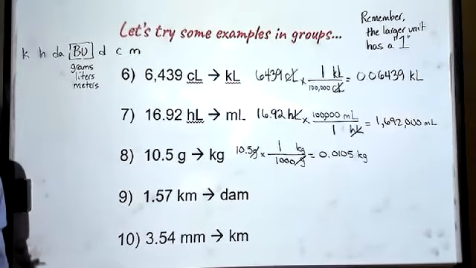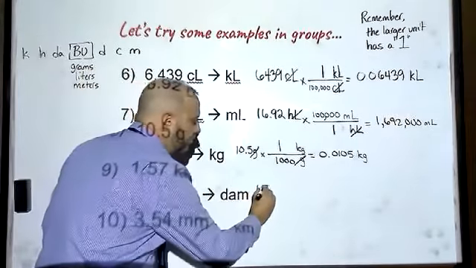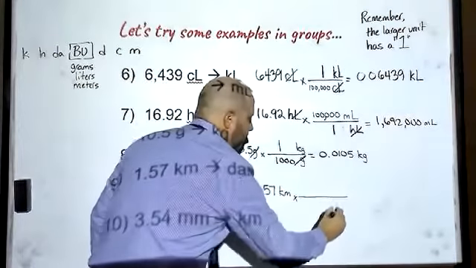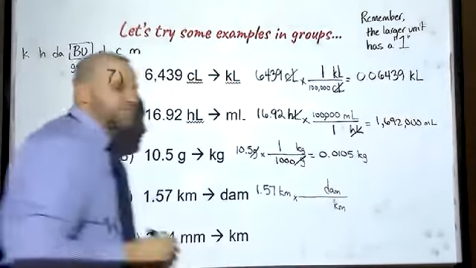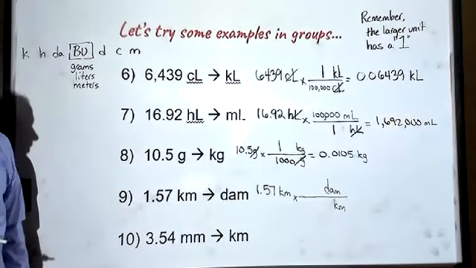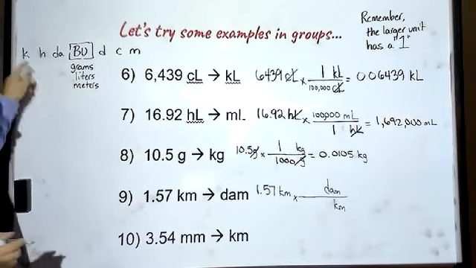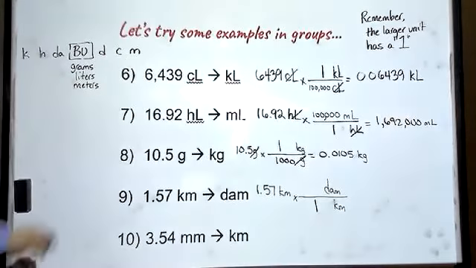In question number 9, we have 1.57 kilometers. We have decameters on top. Here's kilometers over here. Here is decameters, so kilometers is the larger unit. That gets the 1.